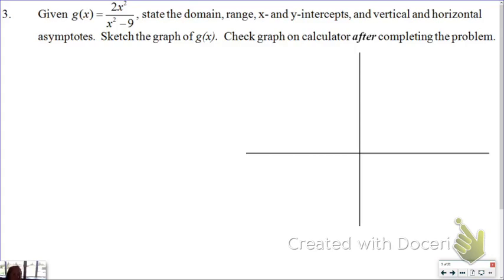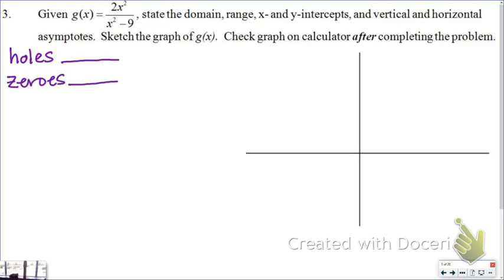Here's another graph for you to work on. If you saved all your papers from previous courses, you might want to get out your rational function notes, and I'll just set you up for what you're looking for. For rational functions, first you're going to look for holes. You're going to look for zeros.